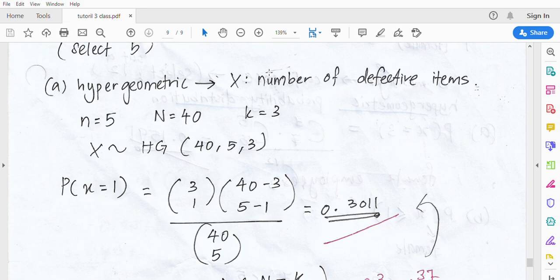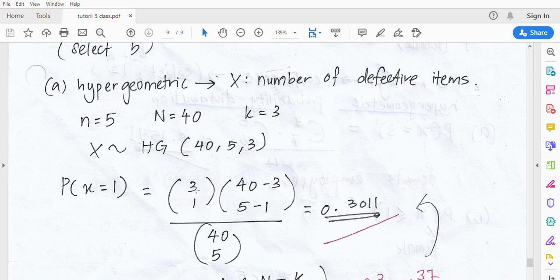Based on the formula above, for the first question, what is the probability that exactly one defective is found in the sample if there are three defectives in the entire lot? So we want to find exactly one defective item.